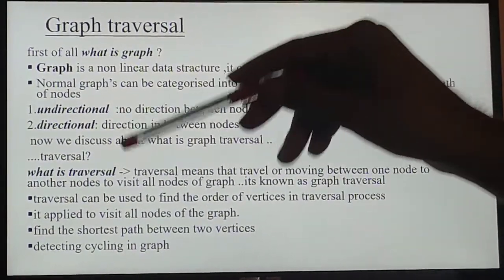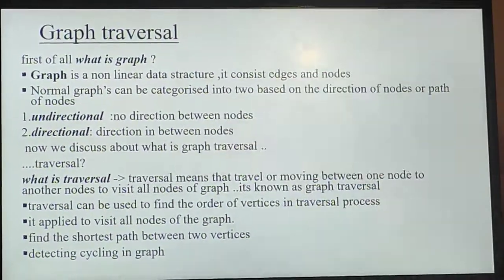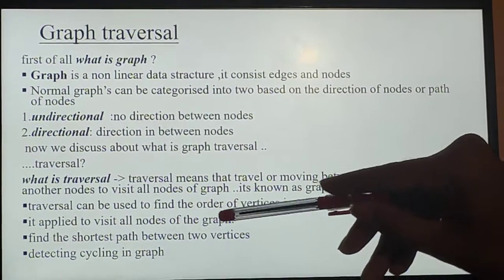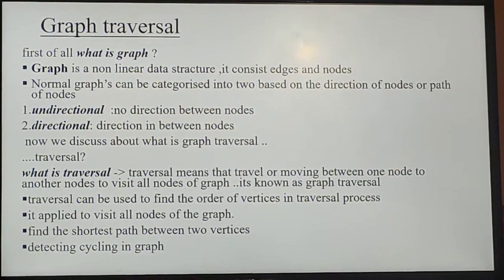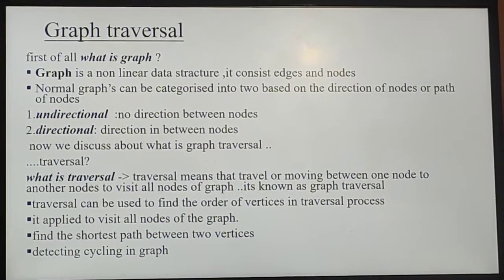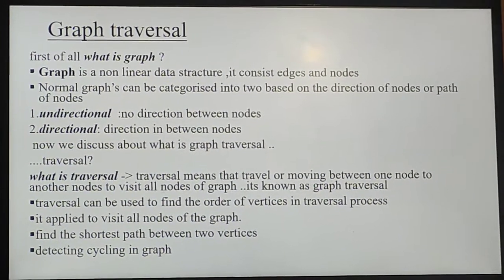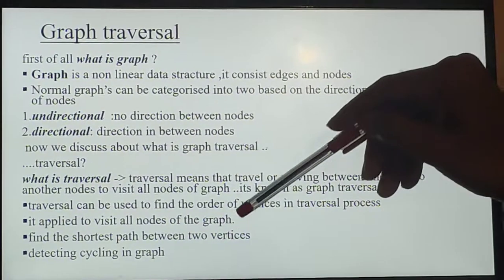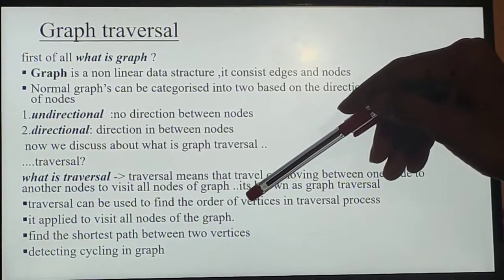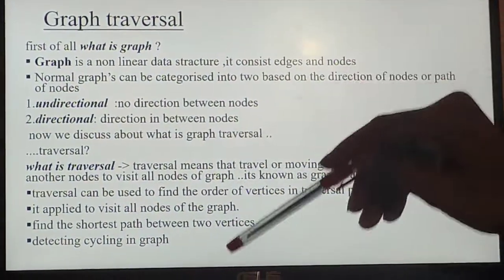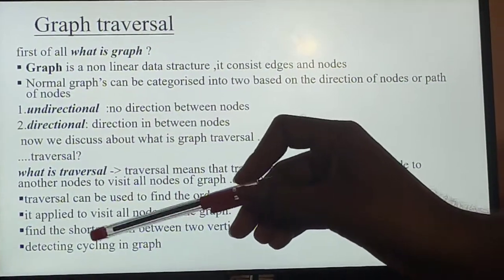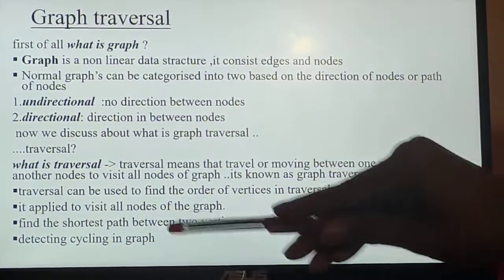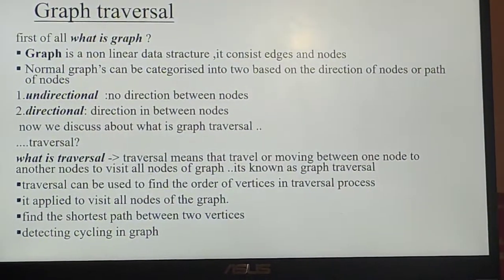Traversal can be used to find the order of vertices in the traversal process, and it is applied to visit all the nodes of the graph. Another application of the traversal method is to find the shortest path between two vertices.